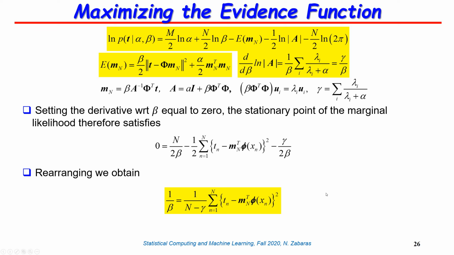The statisticians explain this subtraction of 1 from N by saying one degree of freedom has been taken to calculate the mean. And in this case, the mean in a regression model involves these parameters W, and the MLE estimates for the W. So you can immediately see that maybe this parameter gamma plays the role of the effective parameters that the model can compute from data.